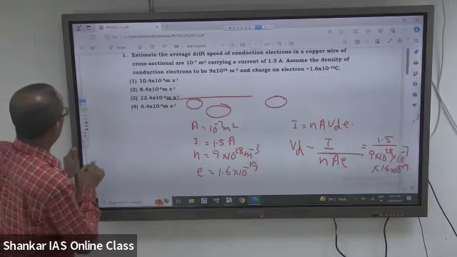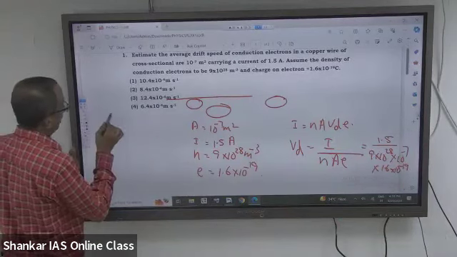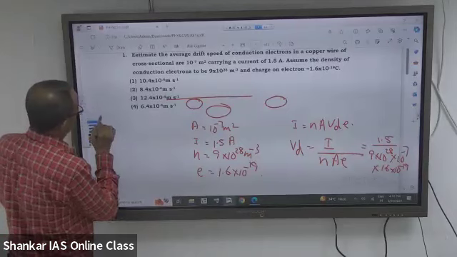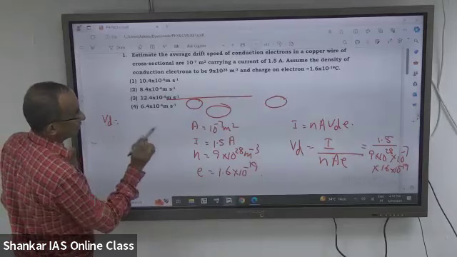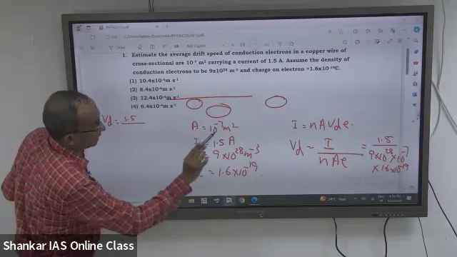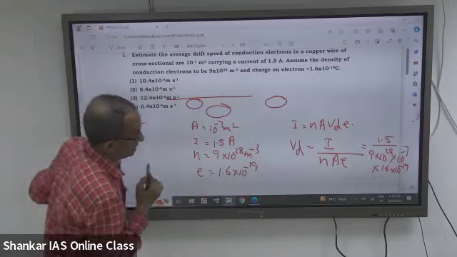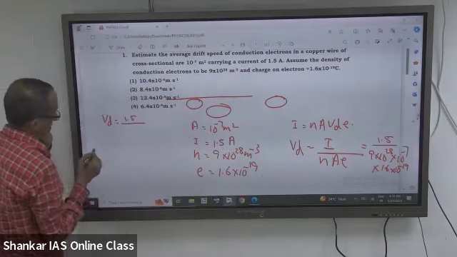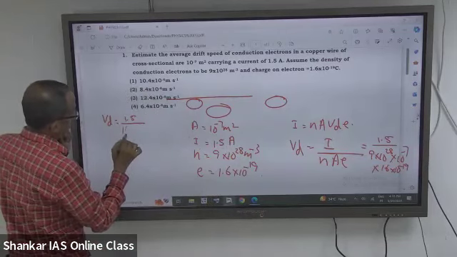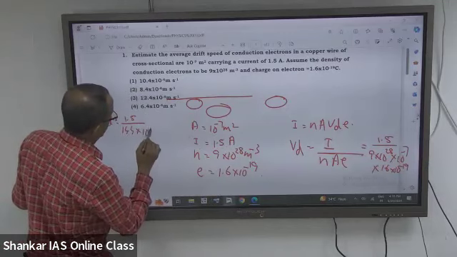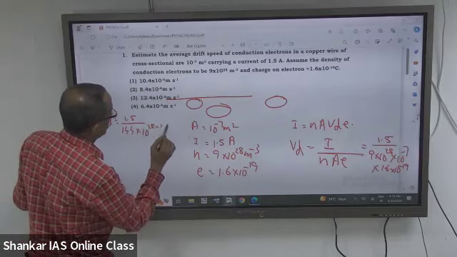Now we will get Vd equals 1.5 divided by 9 into 1.6, which is 14.4, into 10 raised to 28 minus 26.